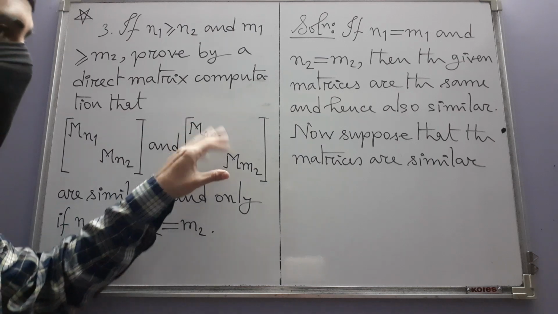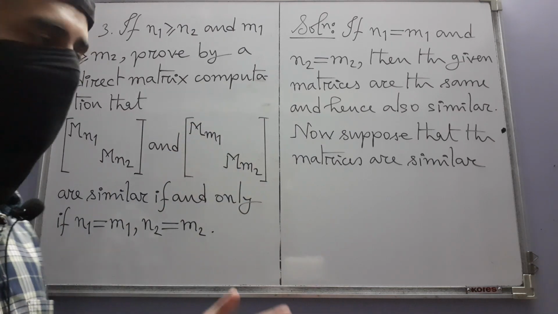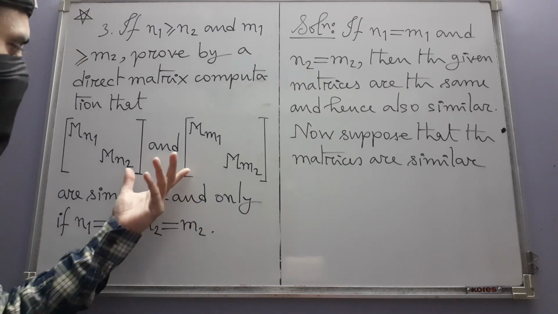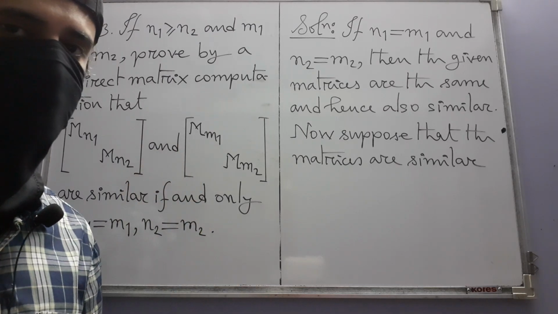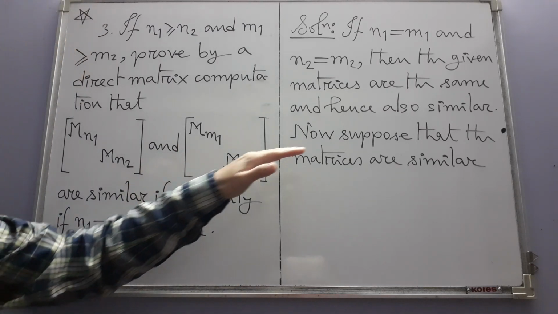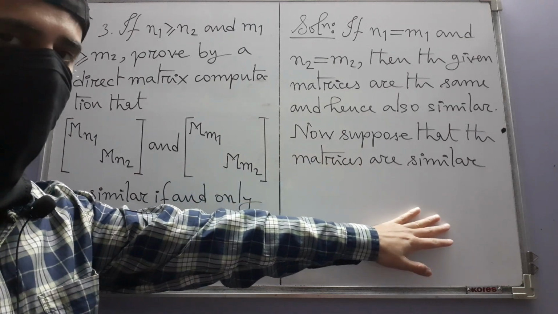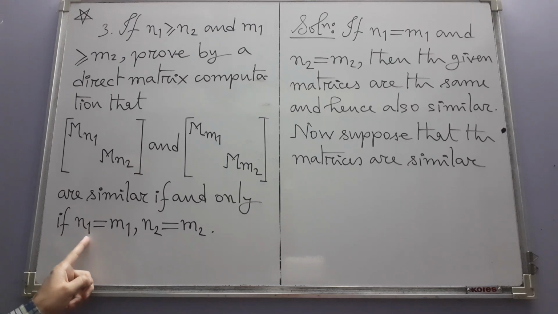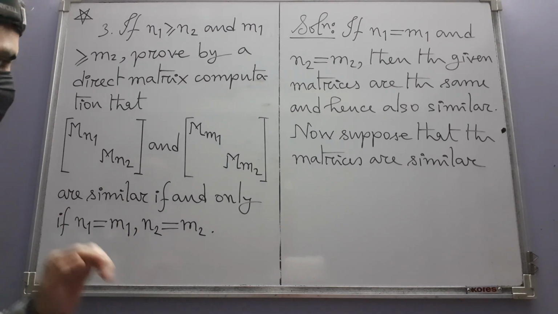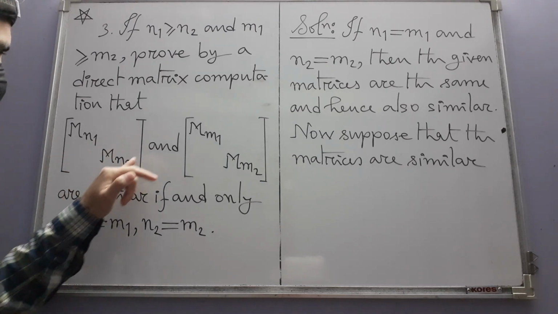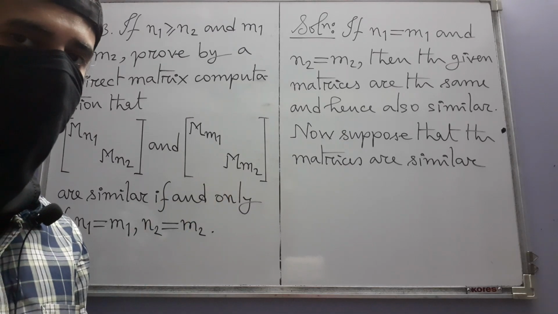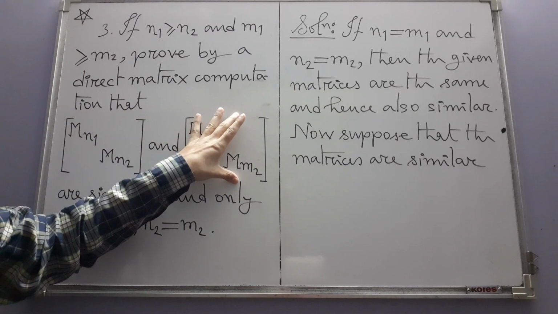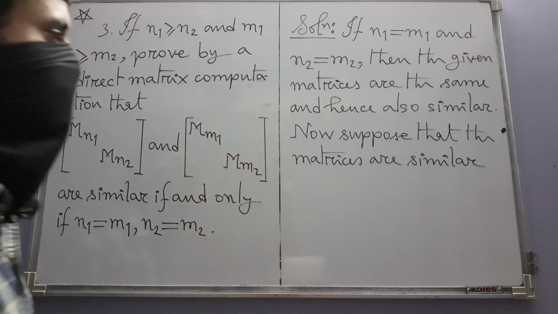Now we can talk about similarity only when these are square matrices of course, they have the same size. That means now that we have supposed that they are similar, they must have the same size. That, however, immediately does not mean these equalities. That simply means that N1 plus N2 is equal to M1 plus M2, because N1 plus N2 is the size of this one and M1 plus M2 is the size of this one.